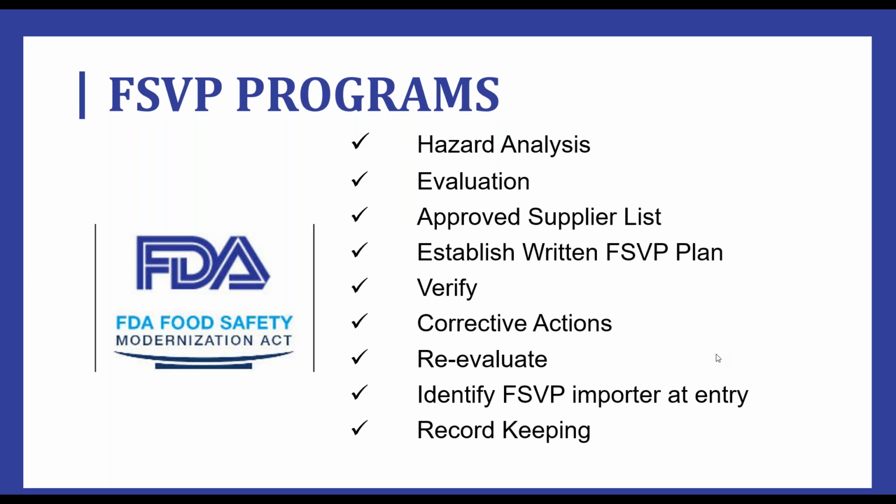In 2018, we started seeing inspections, and a lot of times the inspections included things like, do you have an FSVP? It was just a quick conversation. This is my experience of it. They would say, you're identified as FSVP importer. One, should you be named as FSVP importer?